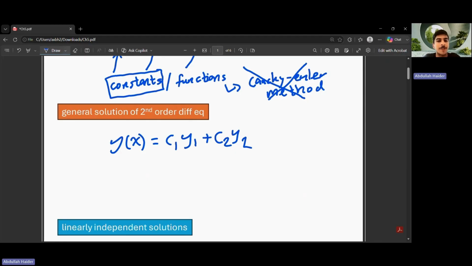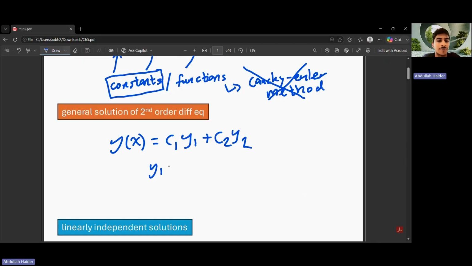Later on I'll explain why we have two solutions. This is the first solution and this is the second solution. It's important to know that the general solution is y of x equals c1 y1 plus c2 y2.